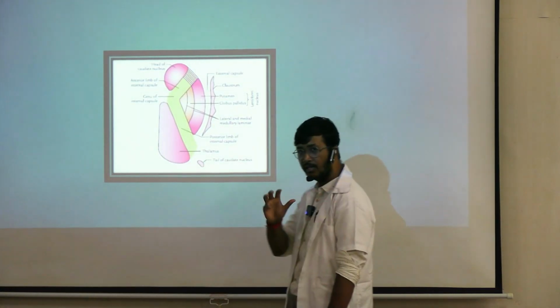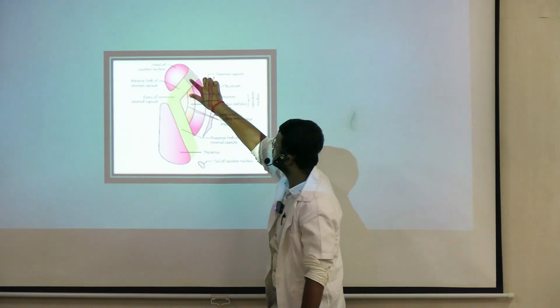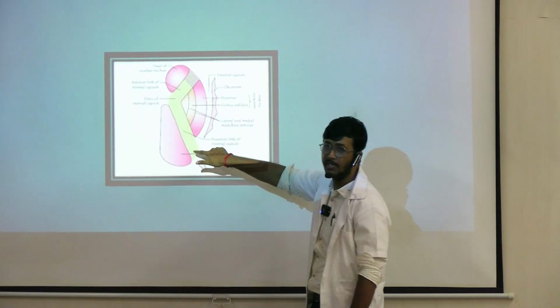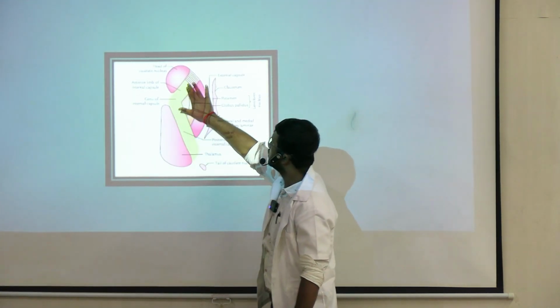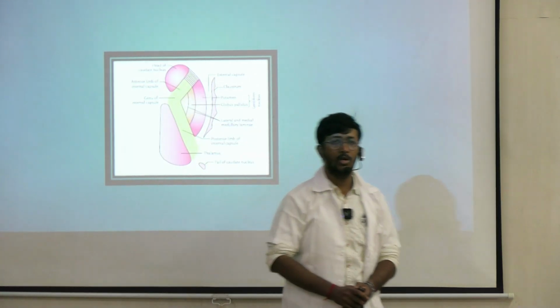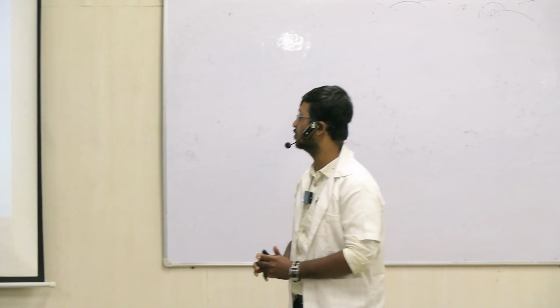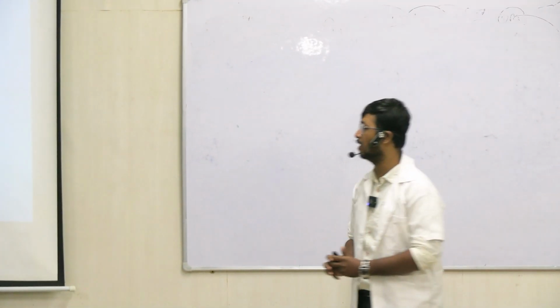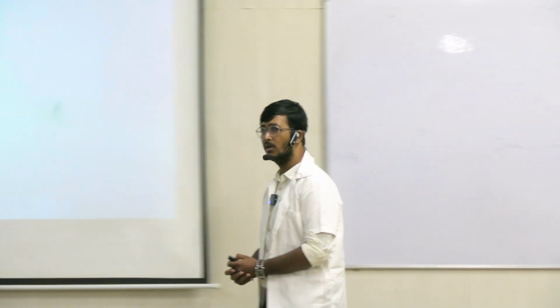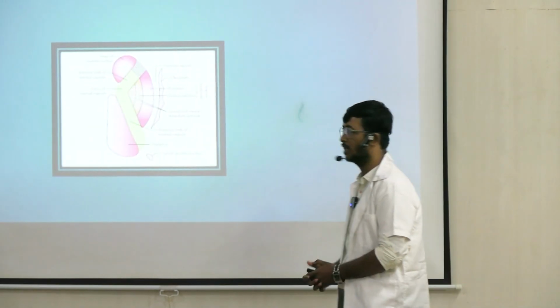Now in between these structures you will see this green line. This is your internal capsule. So don't hammer your heads regarding these terms. There are certain terms which you need to know from your head and neck part, basically your neuroanatomy, and neuroanatomy is very difficult from a first year perspective.